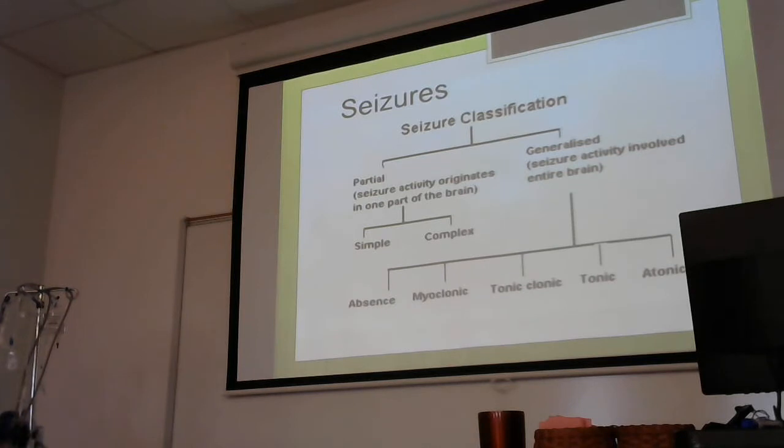Those are the patients that may taste, feel, or see something prior to the seizure itself. With complex partial seizures, the patients may have a brief loss of consciousness, but they will have a repetitive motion, a repetitive movement.